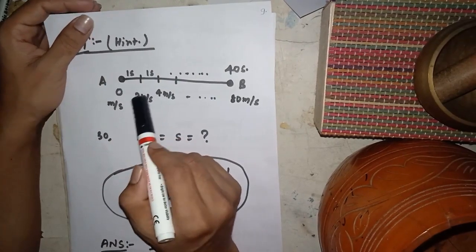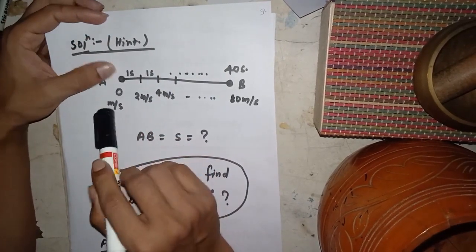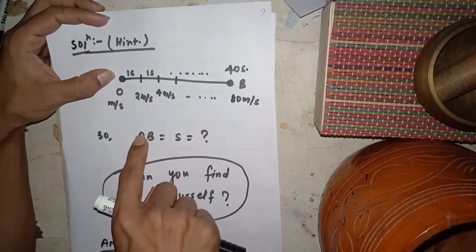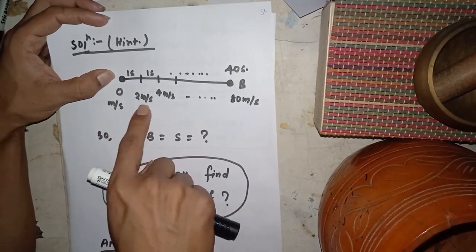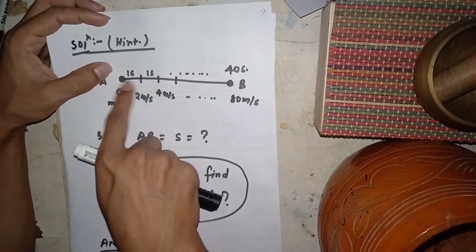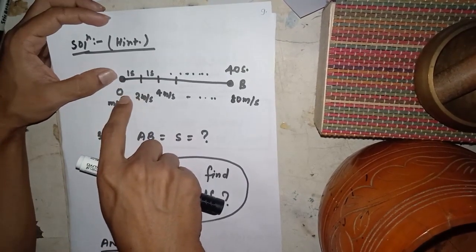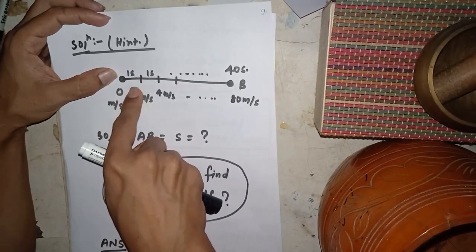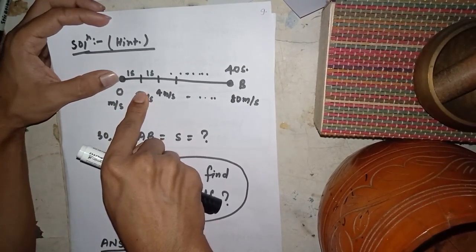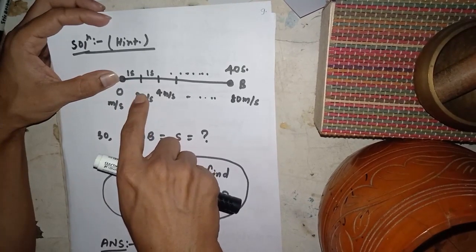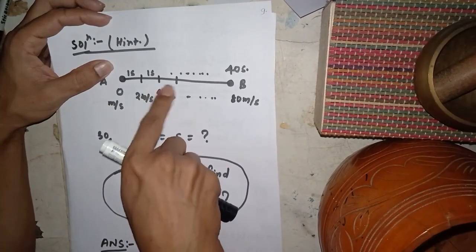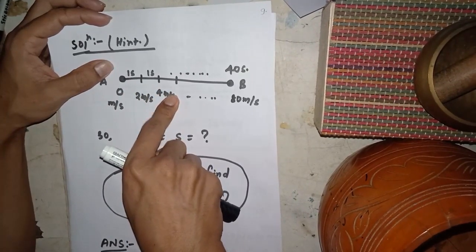So I have given you here by the diagram that for 1 second, acceleration is positive, that means velocity increases. So for 1 second the velocity increased by 2 meter per second, means the velocity after 1 second is 2 meter per second. And for another 1 second it also increases by 2 meter per second, means after 2 seconds its velocity becomes 4 meter per second, and so on.